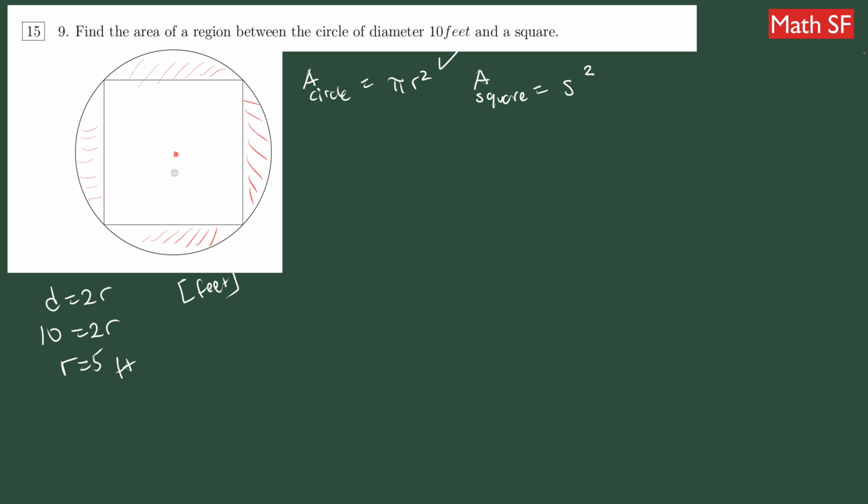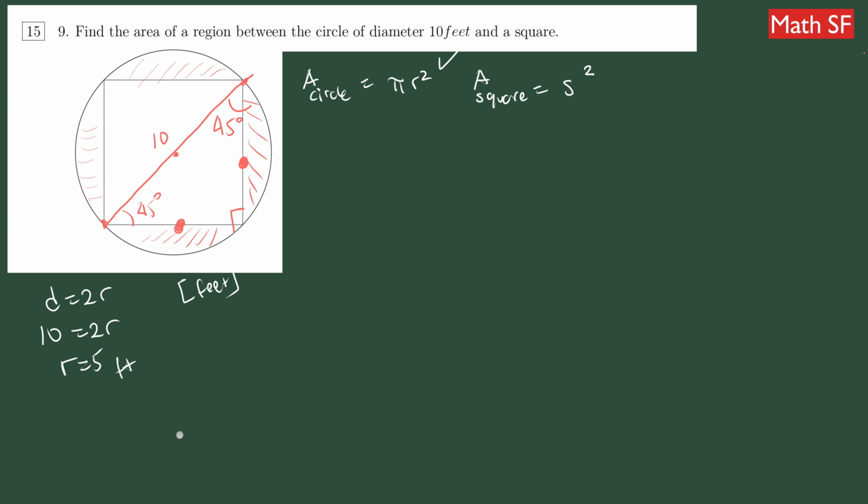They're telling me the diagonal of this square, or rather the diameter of this circle, is 10. And the diameter could go from here through here. All of this is the diameter. And if this is a square, this is 90 degrees, and this side is congruent to this side here, and we're going to have a 45, 45 right triangle.